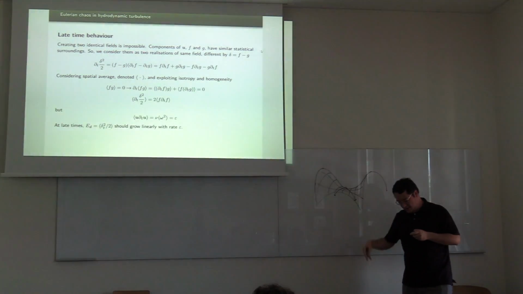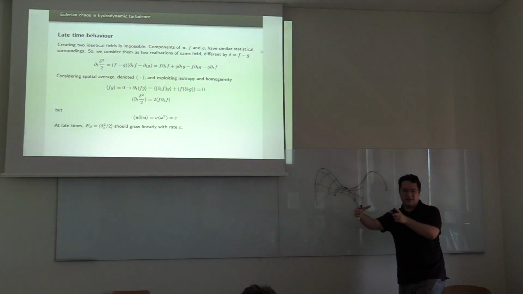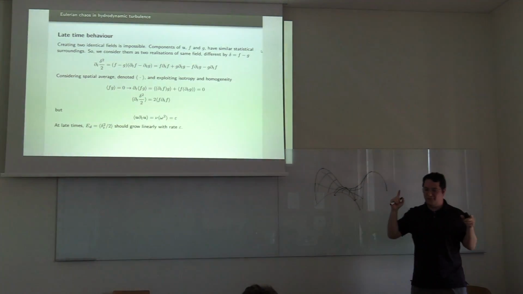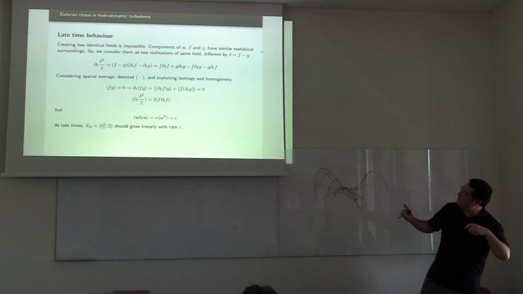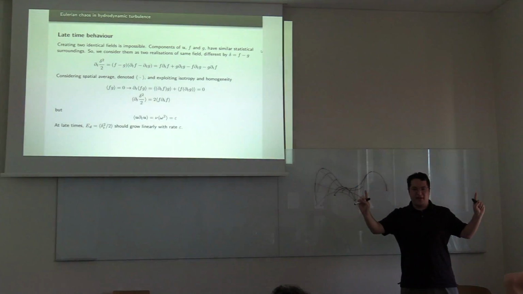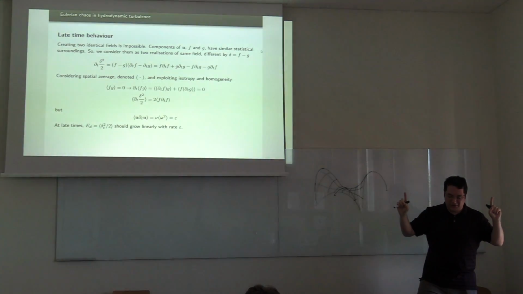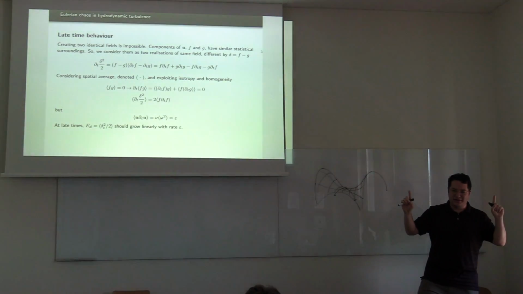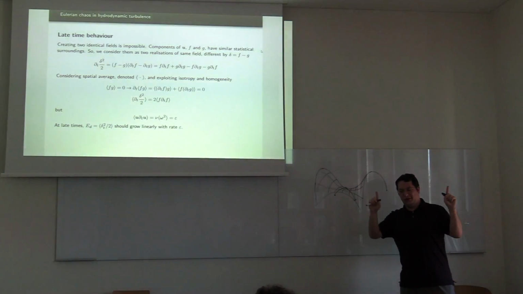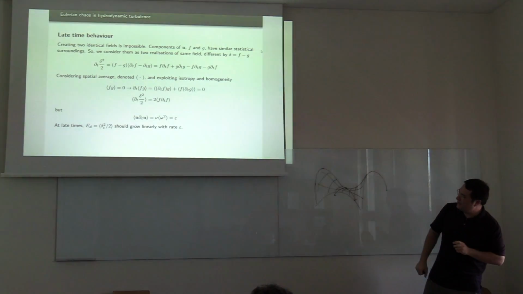So we started this thought experiment: how would you go about measuring the Eulerian level of chaos within one experiment? I mean, you can't create 2 identical systems. So what we theorized was that if you have 2 points, F and G, which are far enough apart that they're completely decorrelated, but the statistical behavior of the field around them is exactly the same, and F and G are initially very similar, then that should be like measuring the difference between 2 identical points, which we perturb slightly.